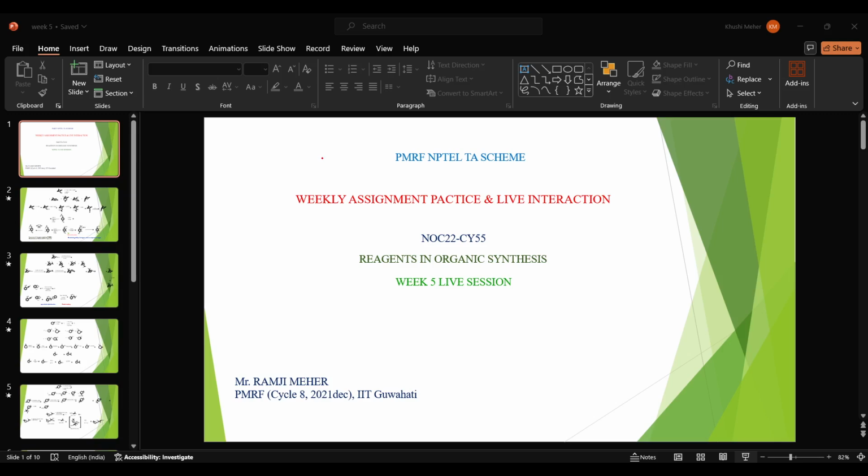That's why we have to purge carbon dioxide gas from a cylinder. The attack happens and we get CO2 minus. After that, protonation takes a proton from the acidic source and we get a carboxylic acid. This is the synthesis of the carboxylic acid that we are expecting.